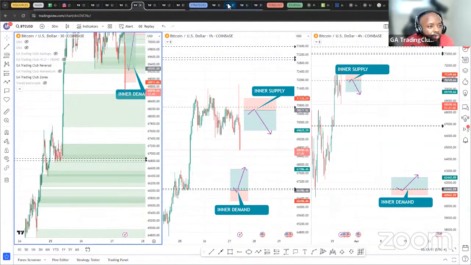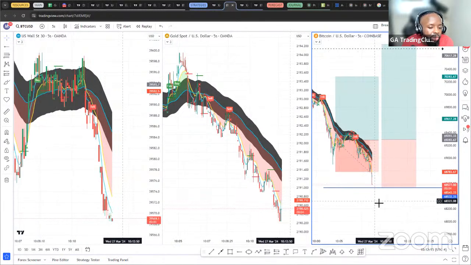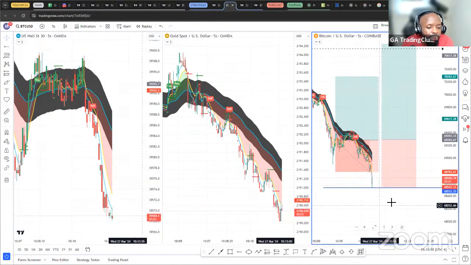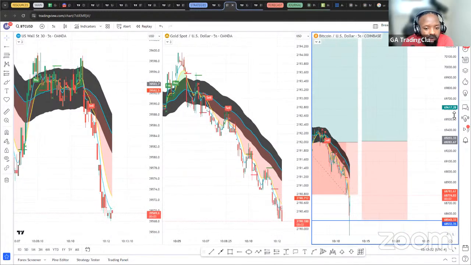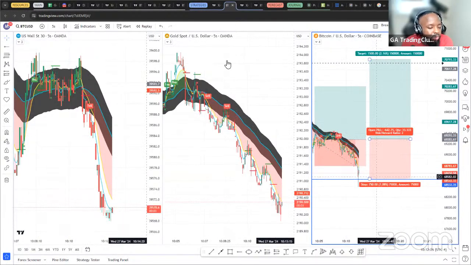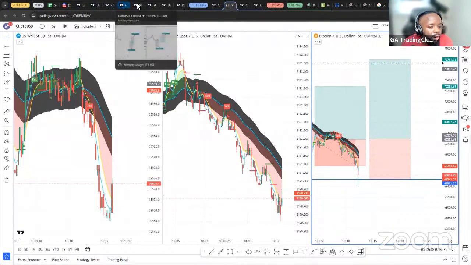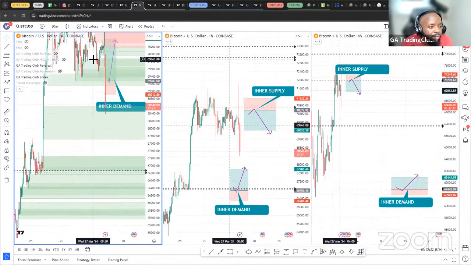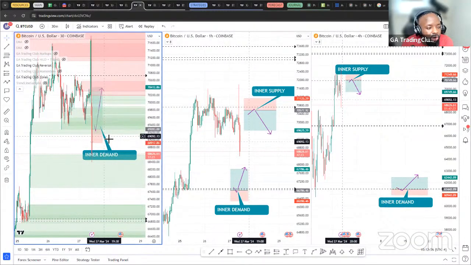Okay, so I got tapped out of that BTC, took that loss, but this is now the part that I want to check out, that 750. So even in this instance, the 750 would have gotten taken out. Now I want to see the reaction, if we get any other reaction. But this one, I took that loss on Bitcoin. So this still remains a demand zone for BTC at 69,400.